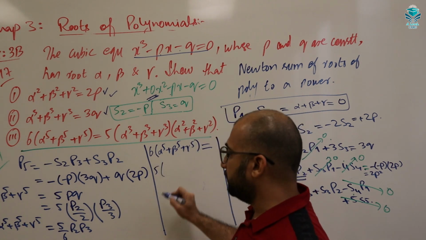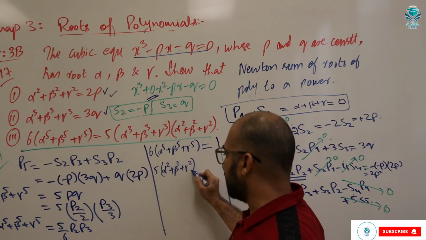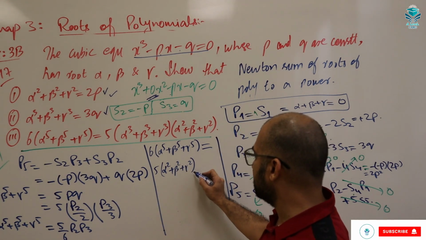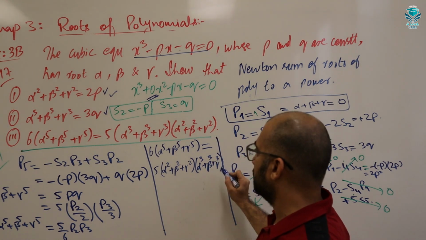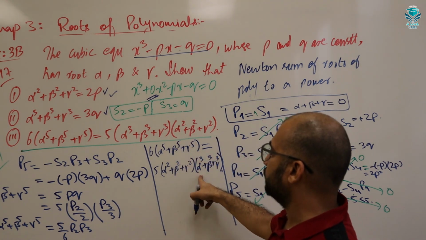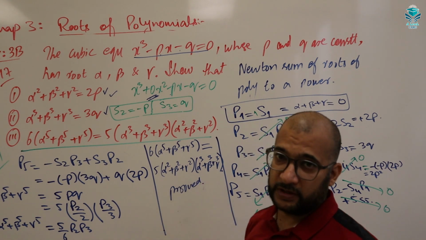What is P2? P2 can be written by definition, and P3 can be written as well. This is the same statement that is required of us. So this means it is proved and you are done.